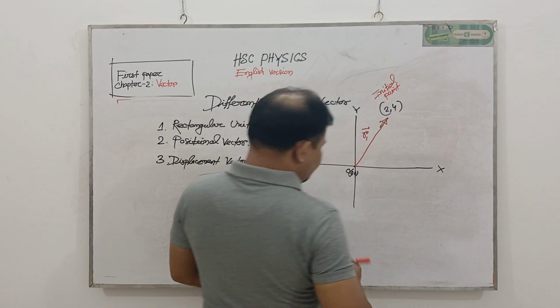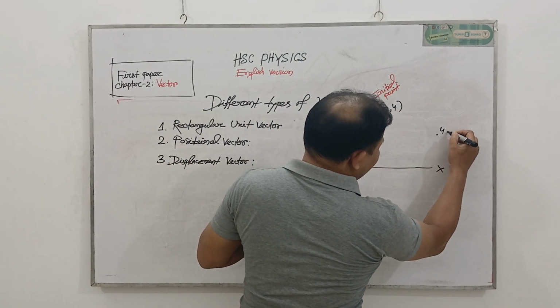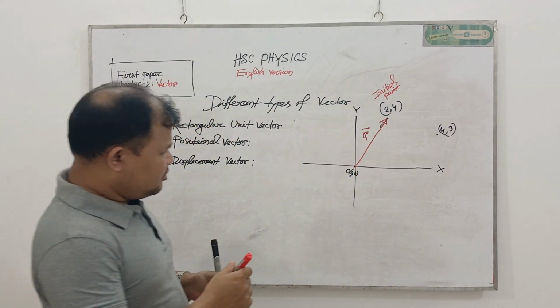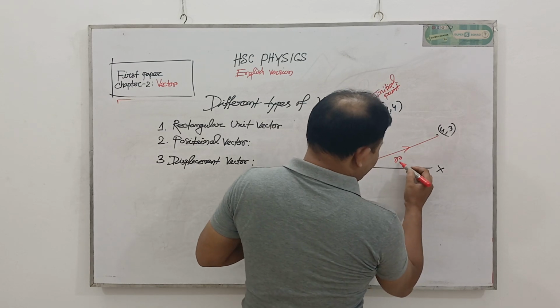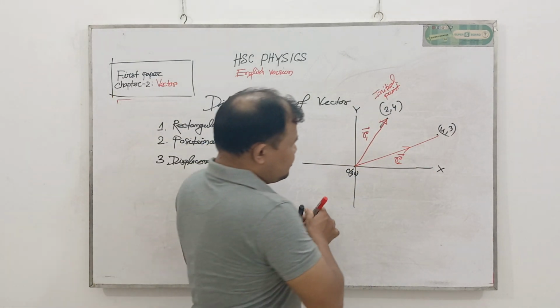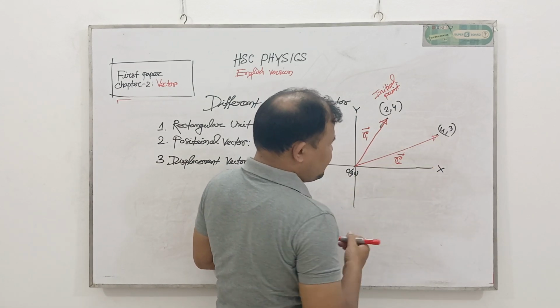Suppose here is a point (4, 3). If another positional vector, R2, identifies this point, then at first we identify this point, and then we identify this point.